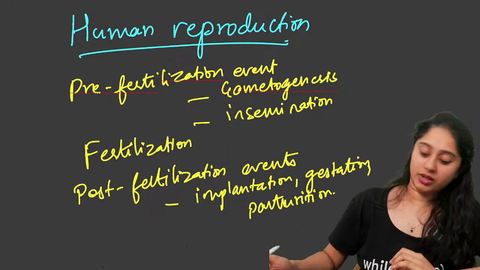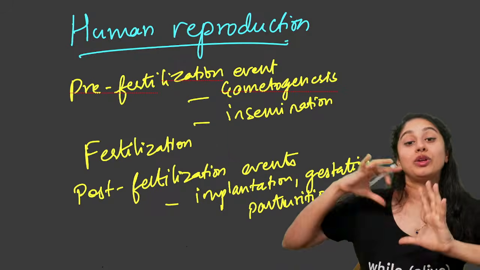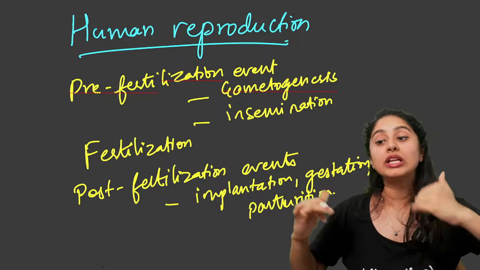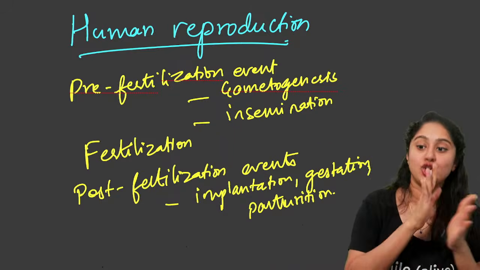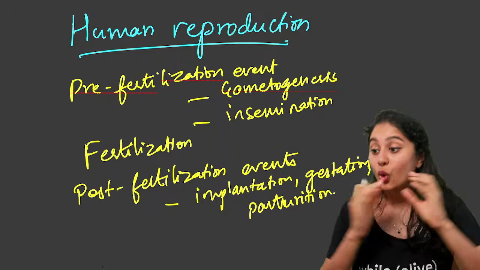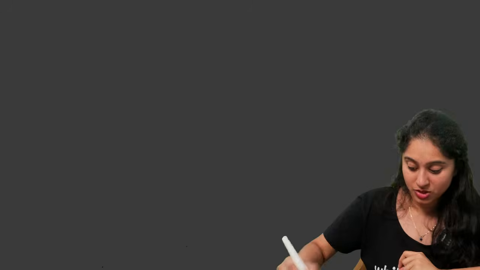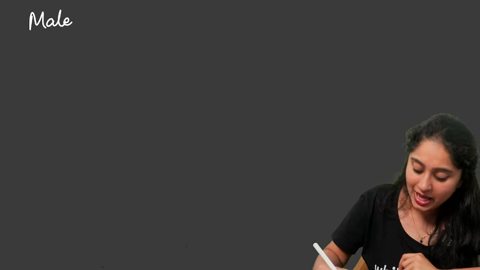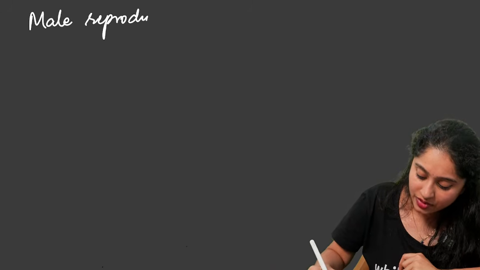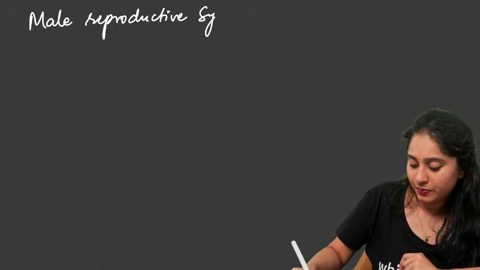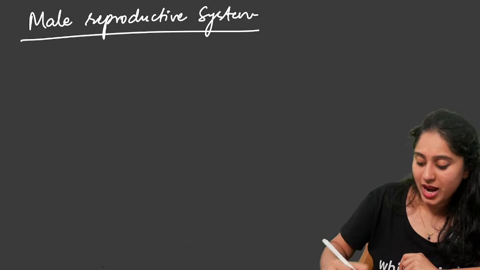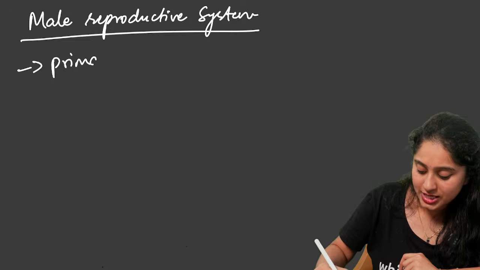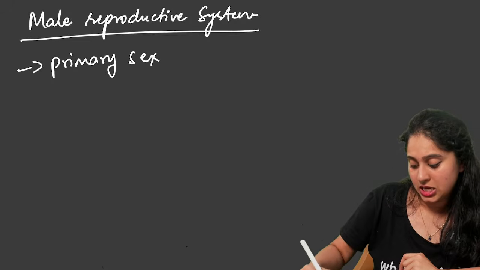Okay, so here, when I look at human reproduction, before we go into the pre-fertilization, fertilization or post-fertilization events, we will look into the anatomy of the male and the female systems. Now when you look at the male reproductive system, we have the primary sex organ, which is nothing but the testis.